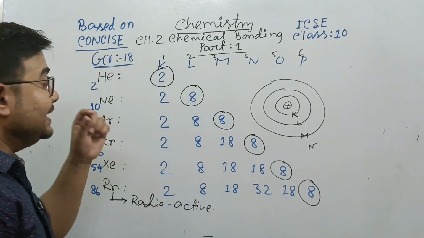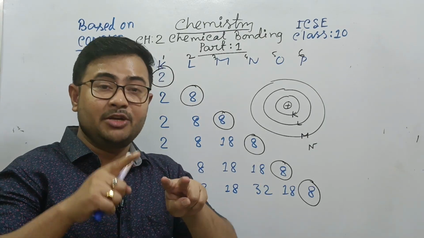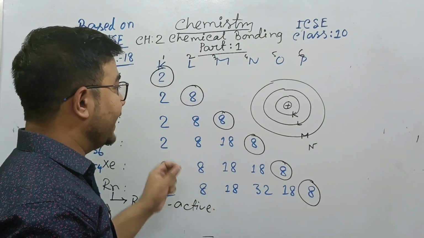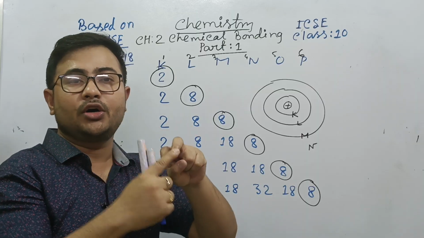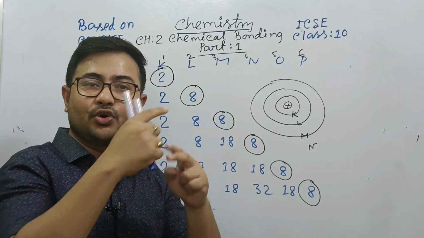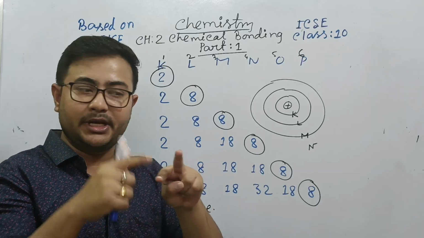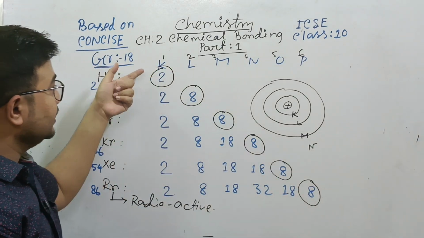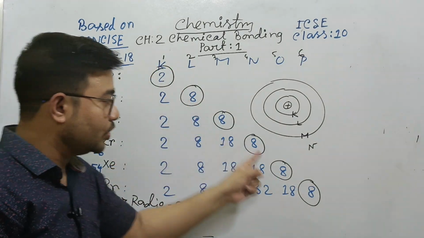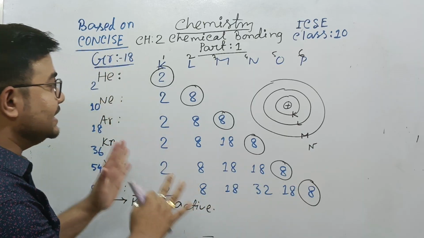So in case of atom, what do you mean by stability? Stability means two options, either octet or duplet, that is 2 or 8. 2 means duplet, 8 means octet. So see, all are either duplet or octet. So this is the stability of the atom.